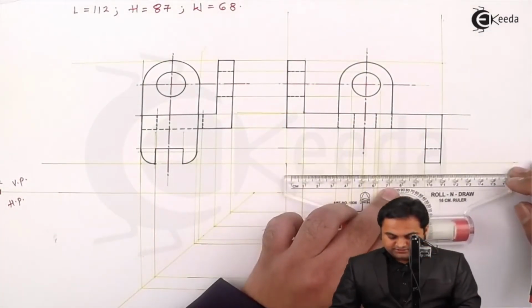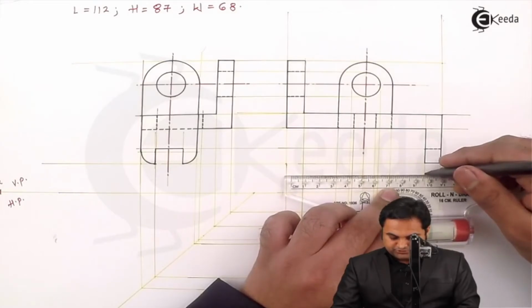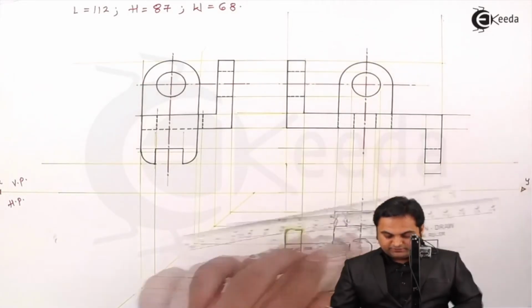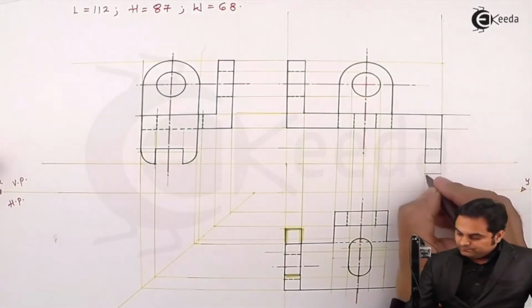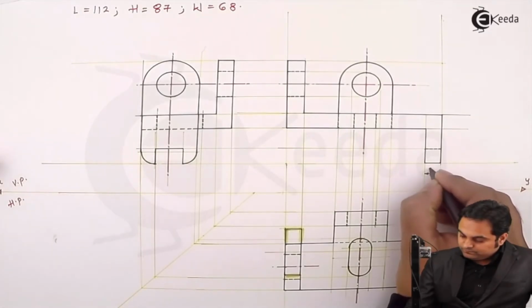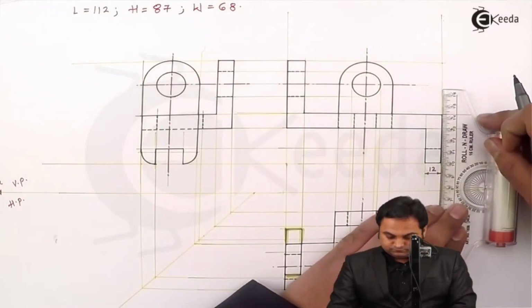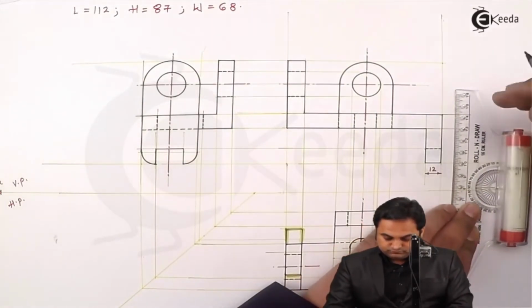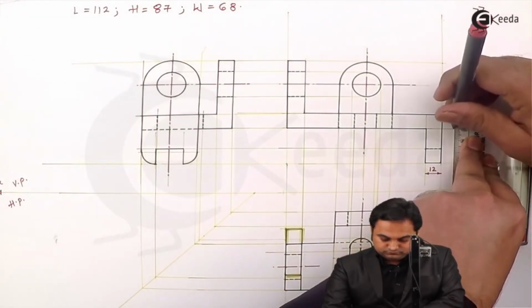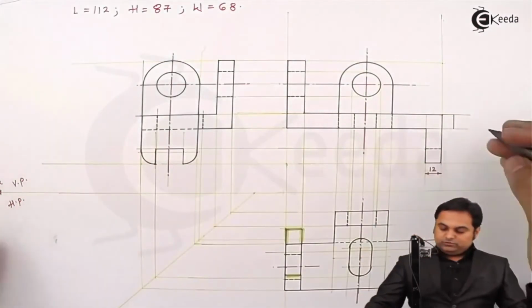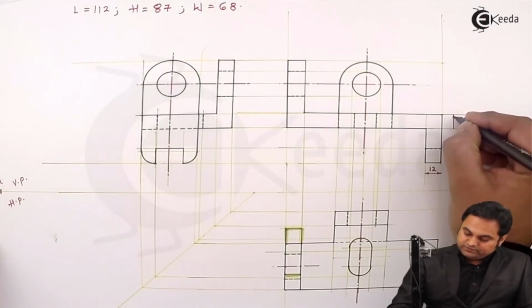Dimension lines are medium dark, so I'm using red color to indicate a medium dark line. 12 is the length. This is the height of this plate.